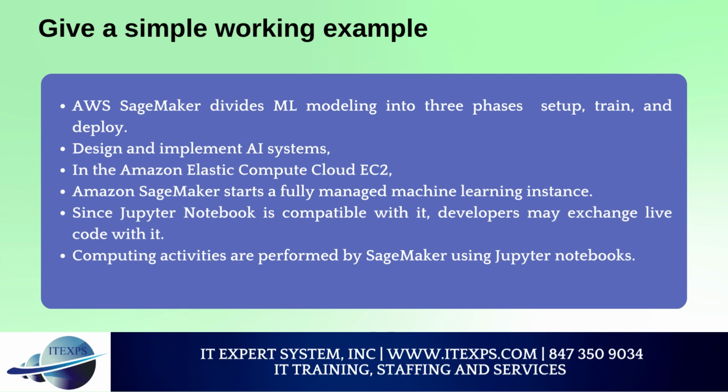Computing activities are performed by SageMaker using Jupyter Notebooks. For popular deep learning technologies and architectures, the notebooks provide packages, drivers, and libraries. AWS provides pre-configured notebooks for a number of applications and use cases, which developers may run. They may then alter it in accordance with the data collection and training scheme.